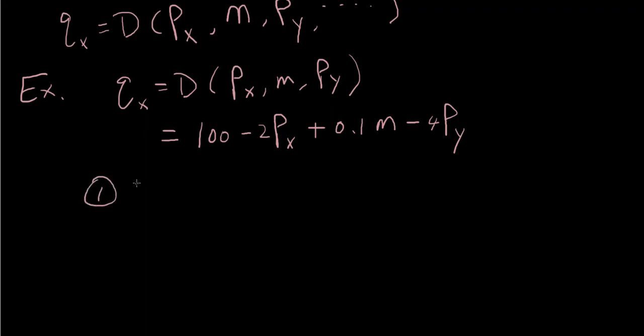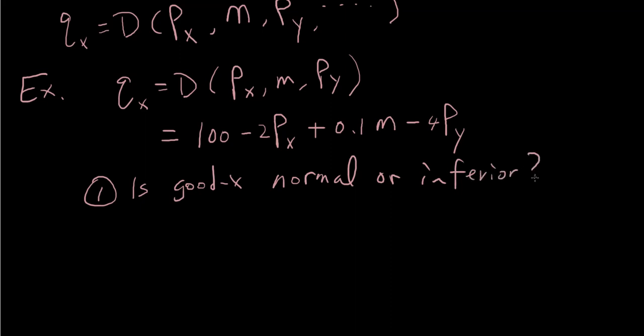Is good X normal or inferior good? So to find whether a good is normal or inferior, what you need to do is see the effects of changes in income.